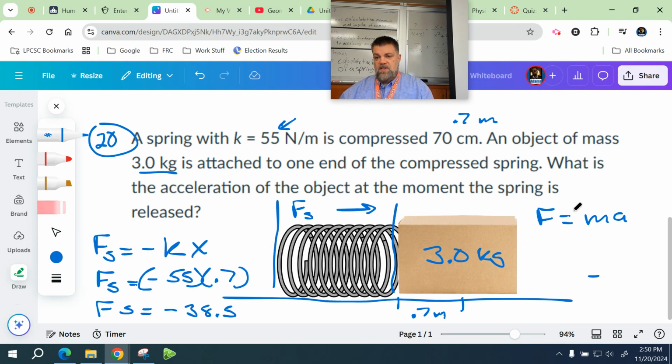So when this lets loose, when it becomes an unbalanced force, the energy is conserved. There's a transfer of energy. So when I do the math, I'm just going to take the force. In this particular case, the force is negative, and I've got to think about how I want to word this.